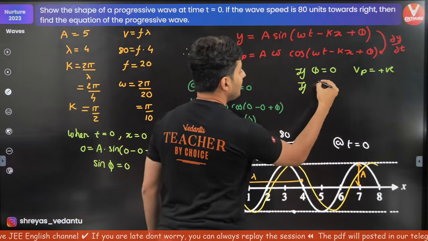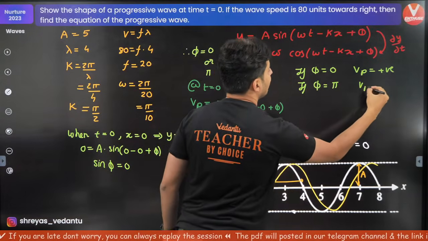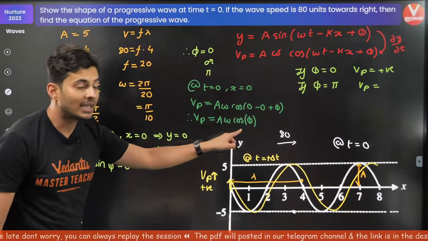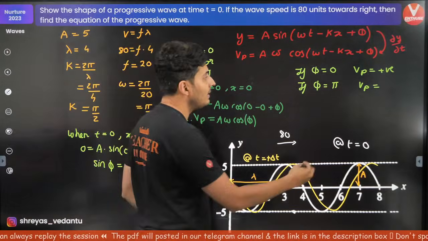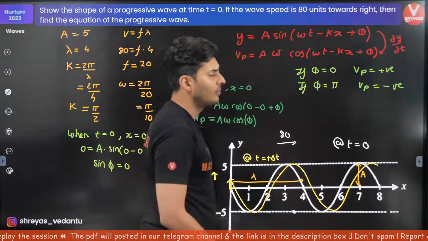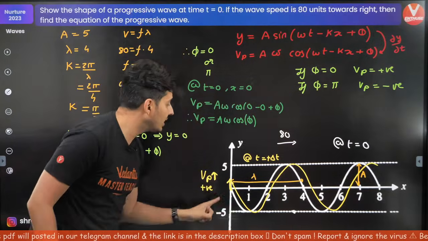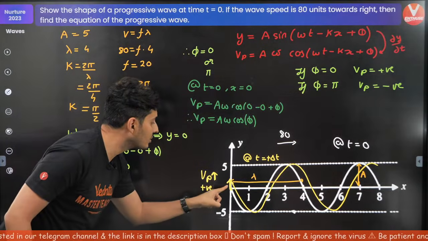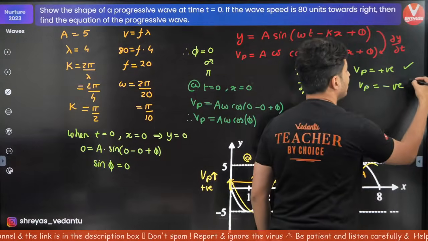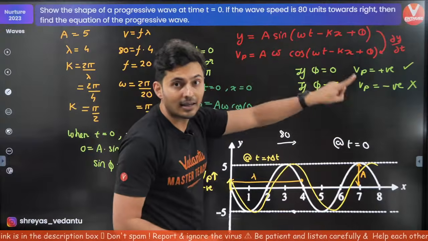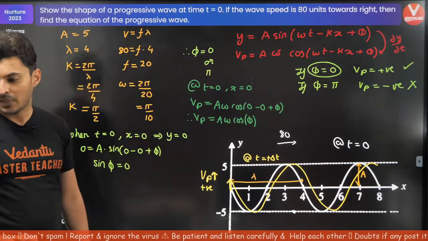And if you choose the value of phi as pi radians, cos pi is minus 1, so Vp will come out to be negative. But we know that when x is 0, t is 0, the particle is going up. If it is going up, velocity should be positive, not negative. Hence, the correct solution will be when phi is 0.